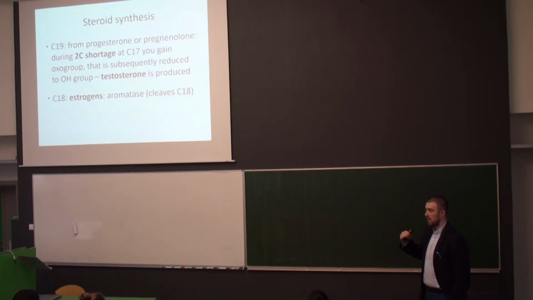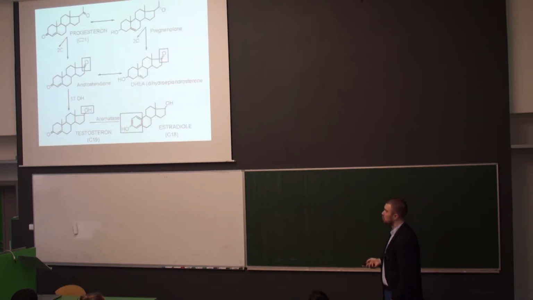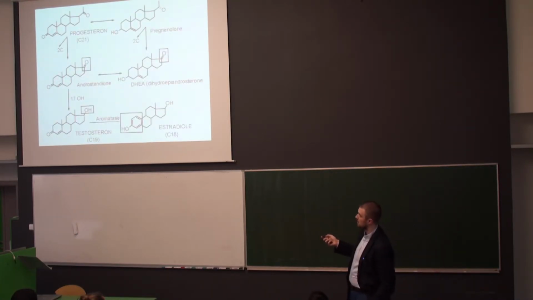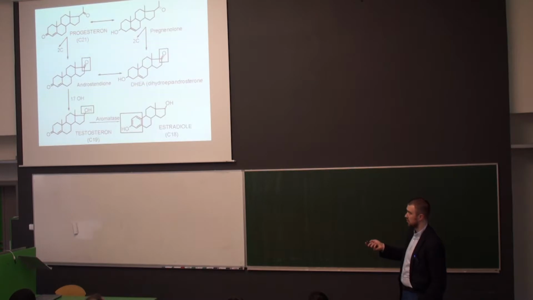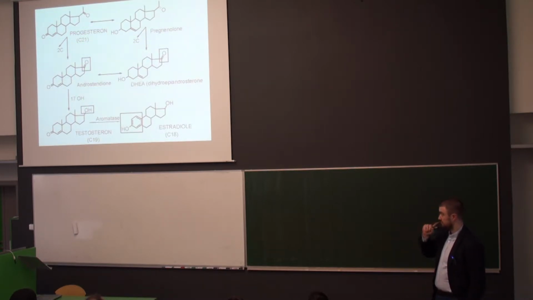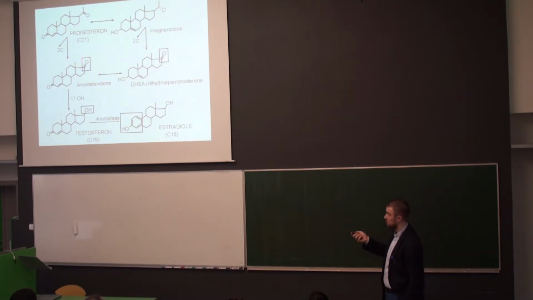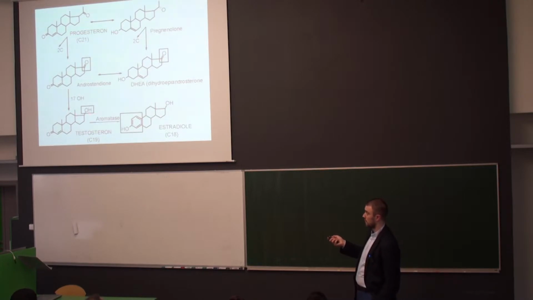When you do this cleavage, you will produce the keto group. If you chop this side chain by the lyase with pregnenolone or progesterone, here you will produce the keto group. And if you want to produce the fully active main male androgen, testosterone, you must reduce this keto group to a hydroxy group.